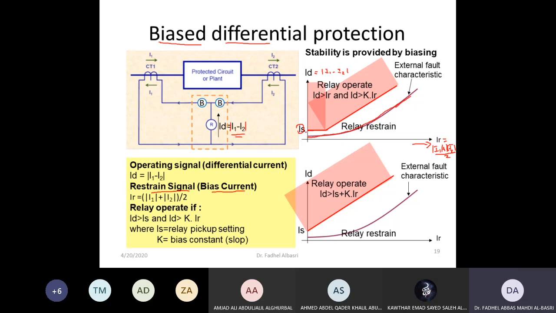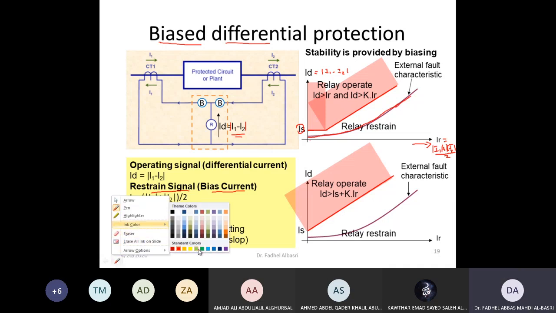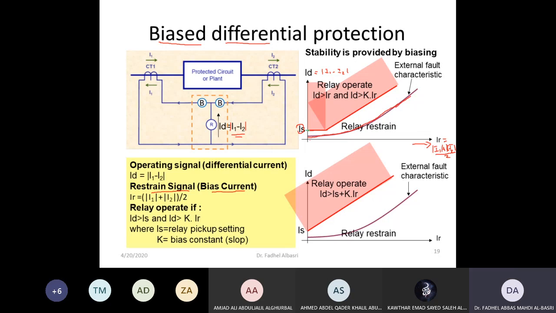So how do I achieve this trip condition? Now this is made of two curves. The first curve is the straight line, which is this.